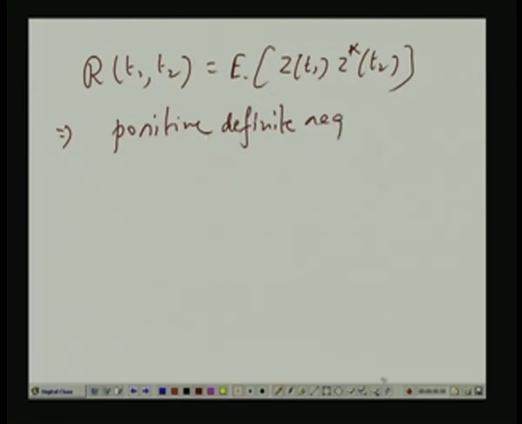It is not a sequence. In the case of a discrete time process, it would have been a sequence, because I would have had some indices n and m which take integer values. Here t1 and t2 are continuous valued variables, so it is a function of two continuous variables. So, we call it a positive definite function.